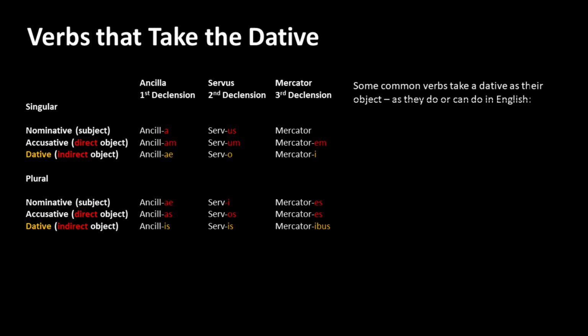I'll give 6 of the verbs that you need for GCSE Latin that take a dative object. These shouldn't be alarming. You really do need to know these. Again, if you don't, you'll mess up any translation that involves such a verb. So when you learn a verb, for example, appropinquo, you don't learn just that it means I approach.